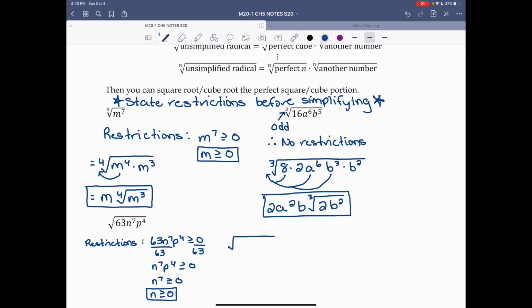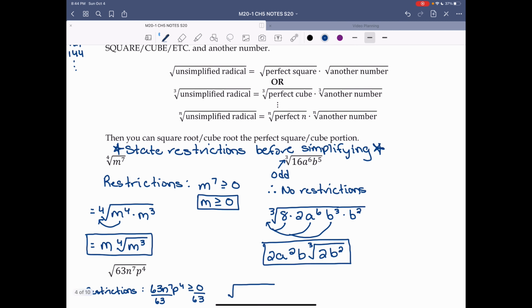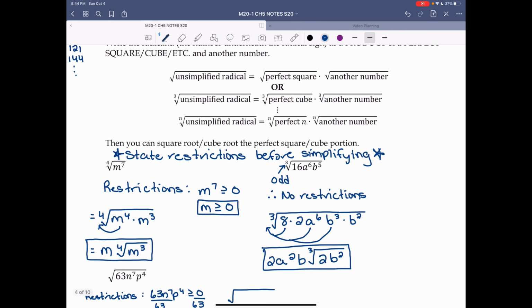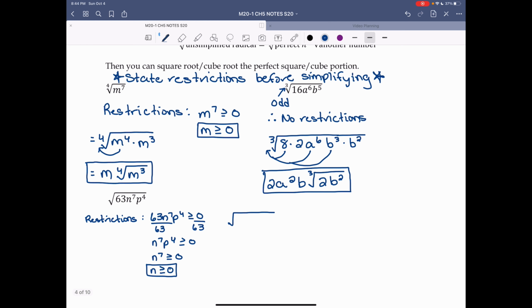Now let's simplify. We want to write 63 as the product of a perfect square and another number. The biggest perfect square that can divide 63 is 9. We get 9 times 7 times. Then we want to split our n to the 7 into n to the power of something that can be divided by 2. So n to the 6 times n.